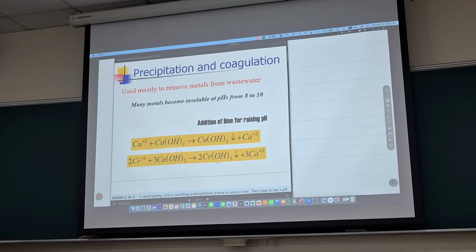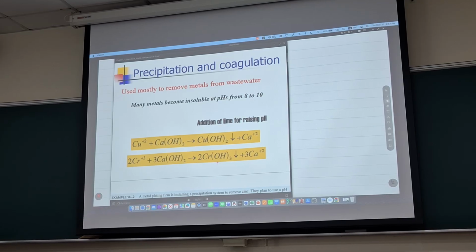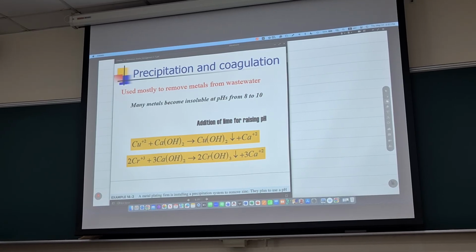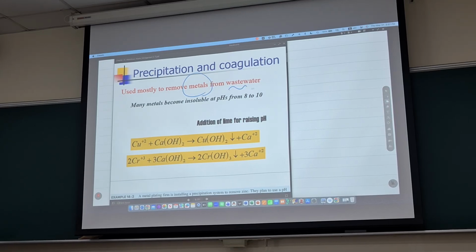Okay. Number one, precipitation and coagulation. It is used mostly to remove heavy metals from the wastewater.